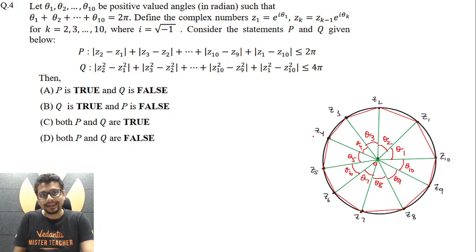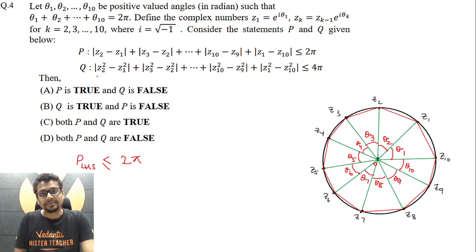So by this I can say the left hand side of statement P will definitely be less than or equal to the perimeter of the circle, and the perimeter of the circle will be 2 pi r, where r is the radius being 1. So the left hand side of statement P is less than or equal to 2 pi, which is what this statement says, and hence this statement is true.